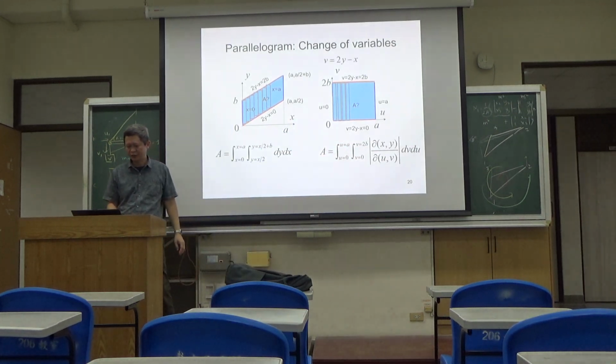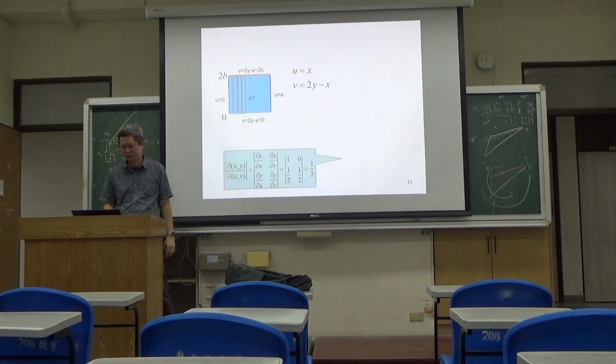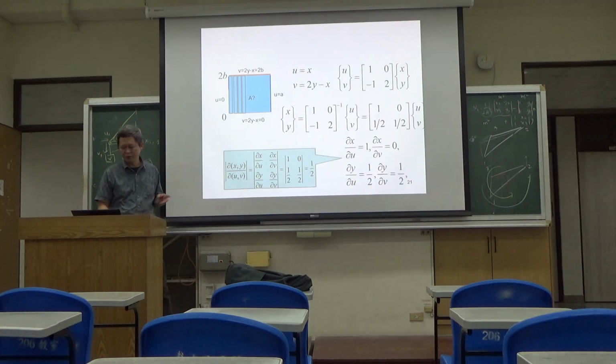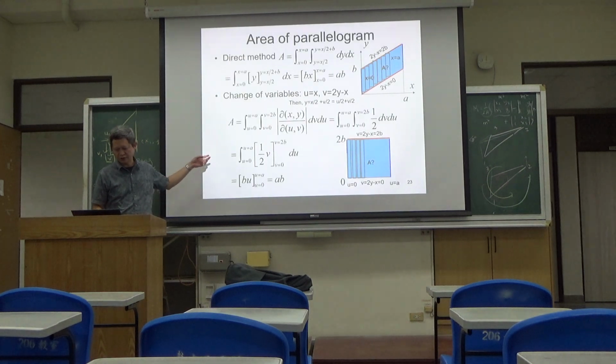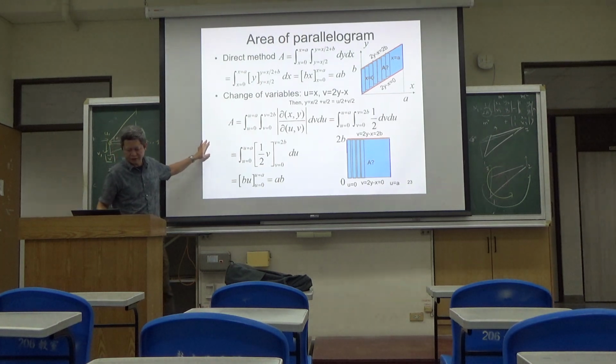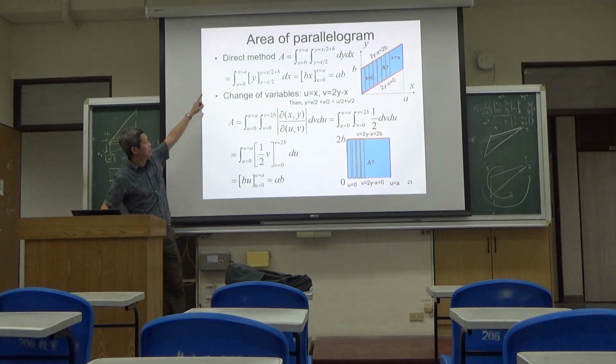Okay. So this gives you a way how you Jacobian del x del u, del x del v, del y del u, del y del v, and you now doing the substitution in, okay? Then you can find the area. This is the direct method in the top.